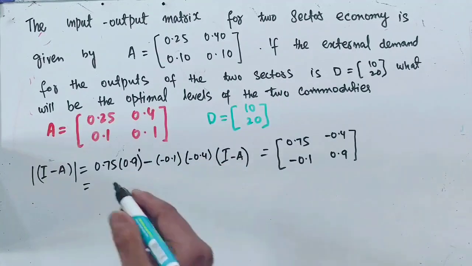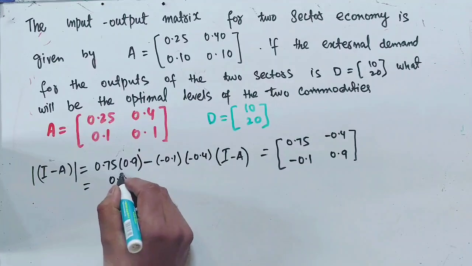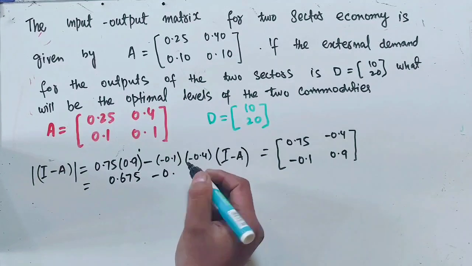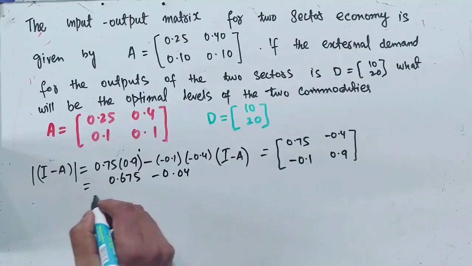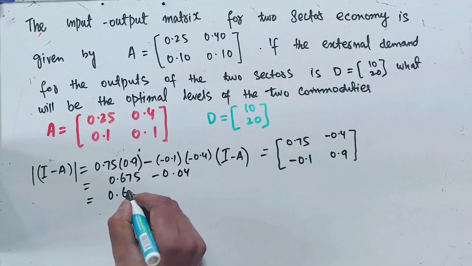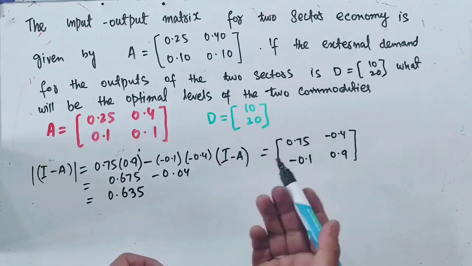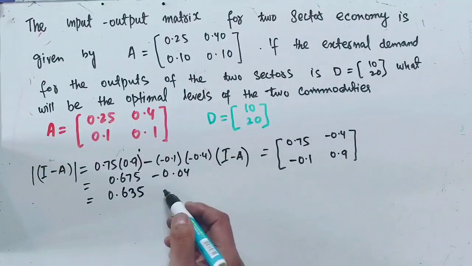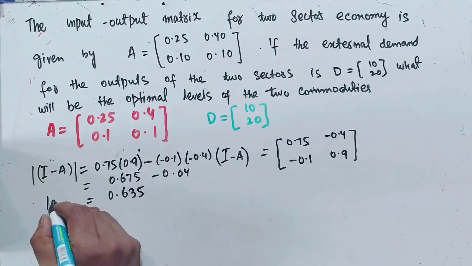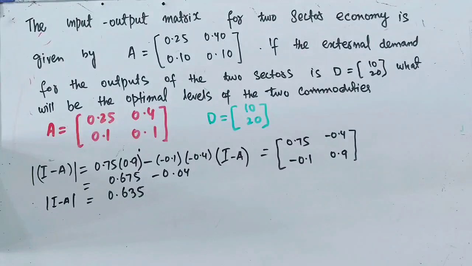When we solve this, this term comes out to be 0.675 and this term comes out to be 0.04. It comes out to be 0.635. If it was 0, then the system was not feasible. Since it is not equal to 0, we have the determinant of I minus A equaling this.